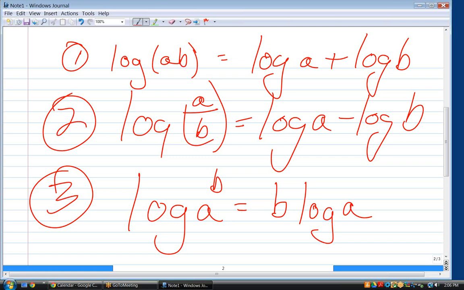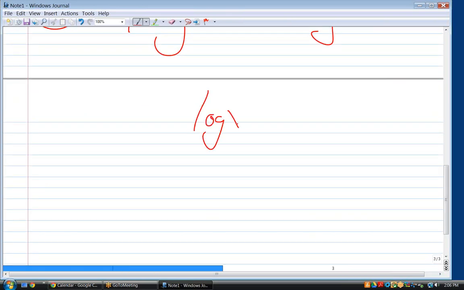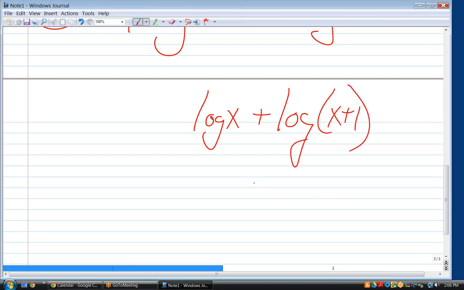And it's important to realize that they're going to want you to go both ways on this. In other words, you need to be able to expand a log function, and you need to be able to compress it. In other words, if I say to you, what is log of x plus log of x plus 1, then you know that that's the log of x squared plus x.